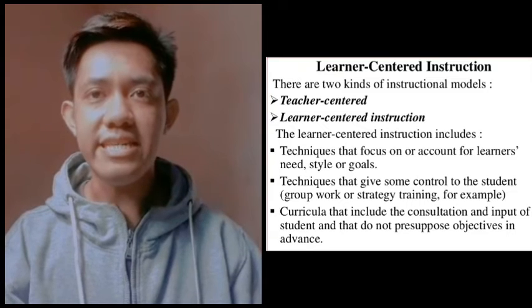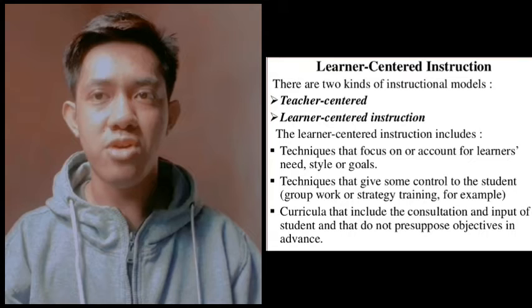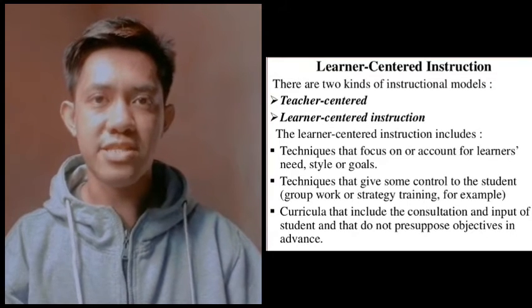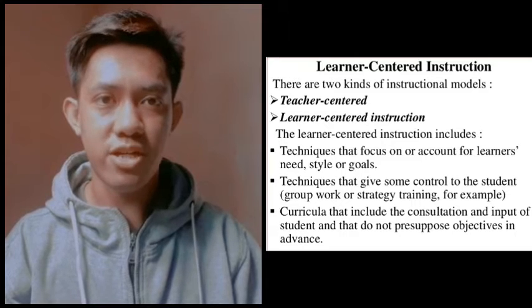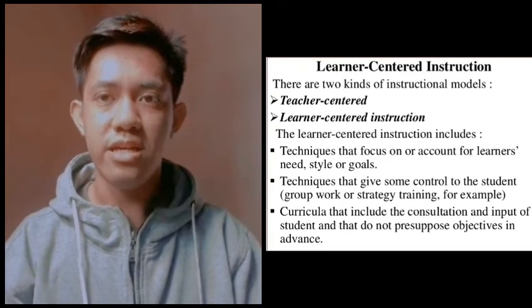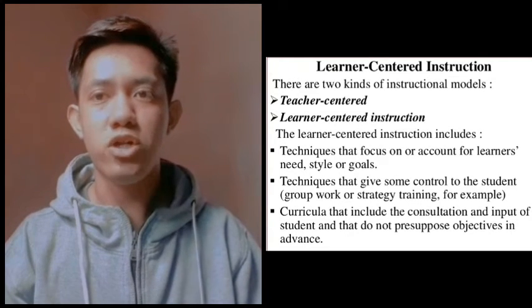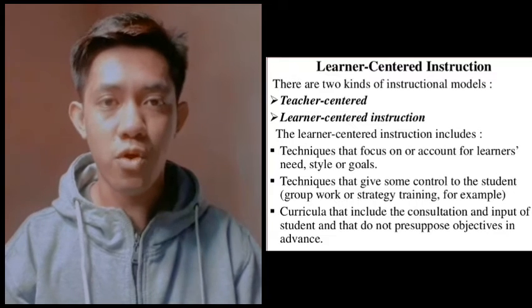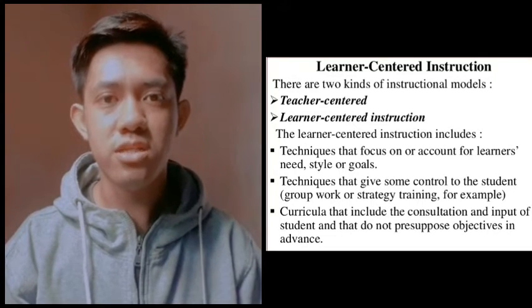So the first is learner-centered instruction. There are two kinds of instructional models. The first is teacher-centered and the second is learner-centered instruction. Learner-centered instruction includes, first, techniques that focus on or account for learners' needs, styles, or goals. Second, techniques that give some control to the students.